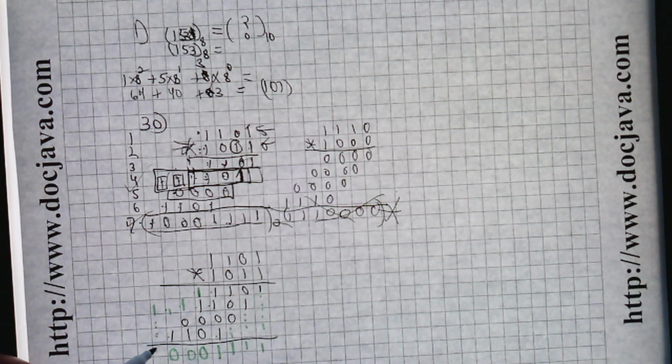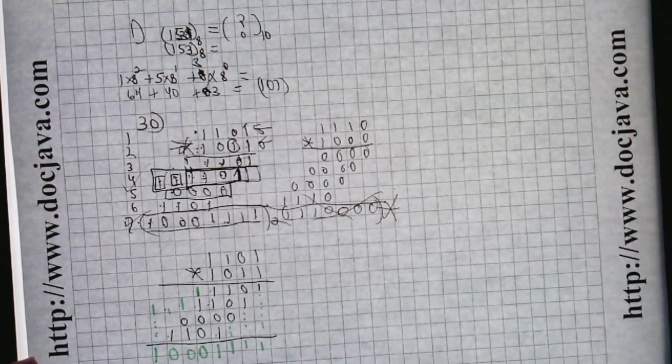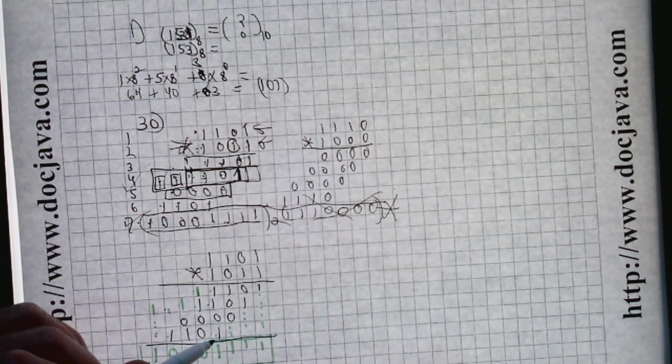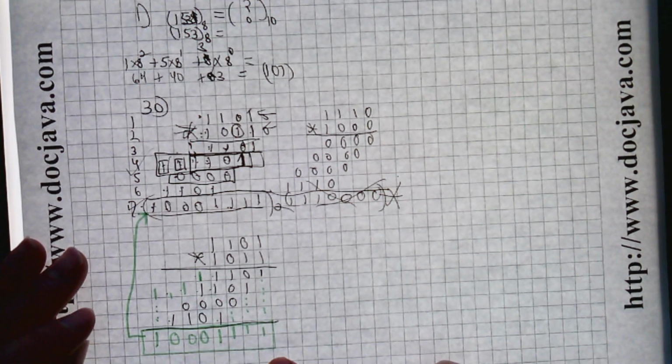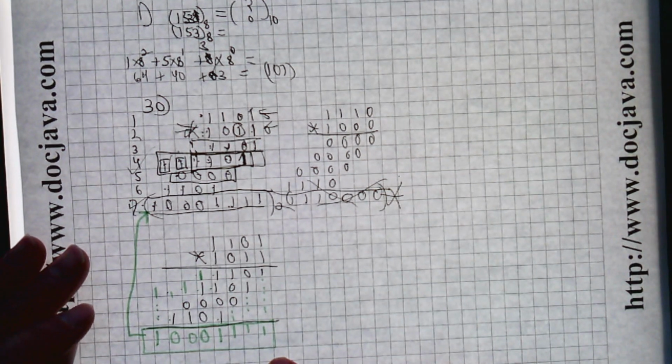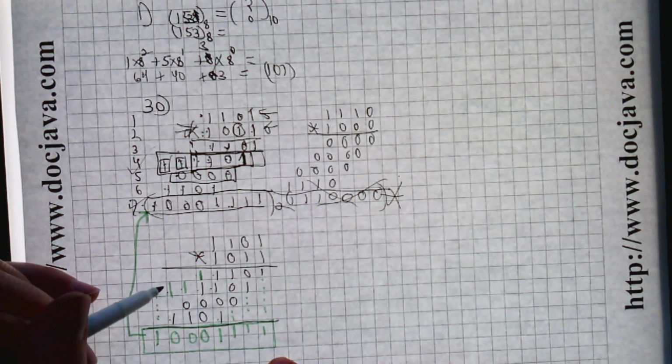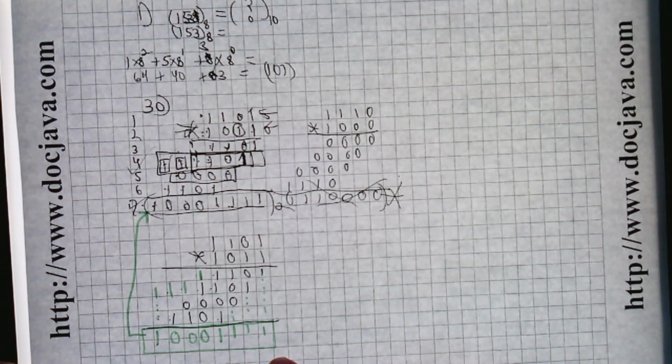And that 1 comes right down and through here. And so now you can see the little green stuff is matching the other stuff. I probably should have done this in a different color to begin with. Does that help? Yeah, it's easier to see it when you change colors.